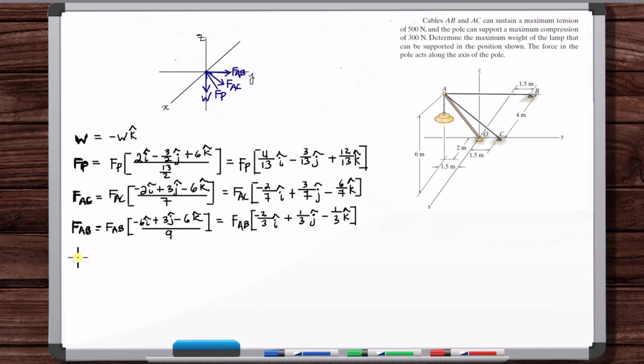Now we can do our force balances. Sum of the forces in the X are equal to 0. So 4/13 FP minus 2/7 FAC minus 2/3 FAB equal to 0. Sum of the forces in the Y are equal to 0.